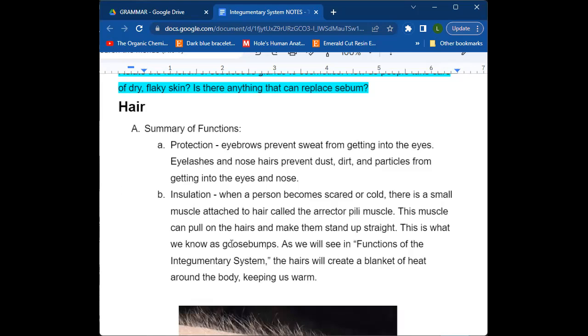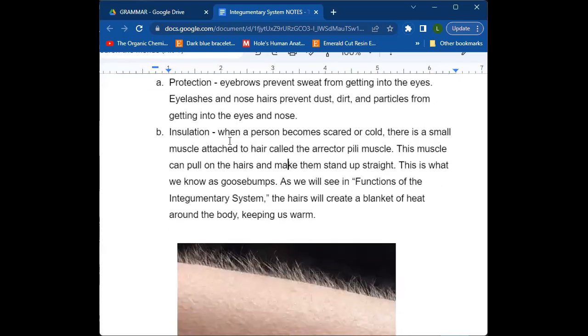Then the hairs can also help with insulation. When a person becomes scared or cold, there is a small muscle attached to the hair called the erector pili muscle. The erector pili muscle pulls on the hair and makes the hair stand up straight. So in other words, it causes goosebumps.